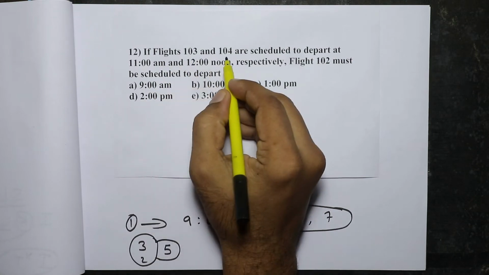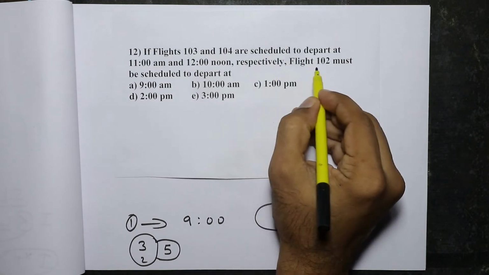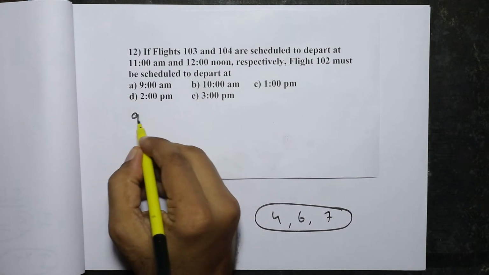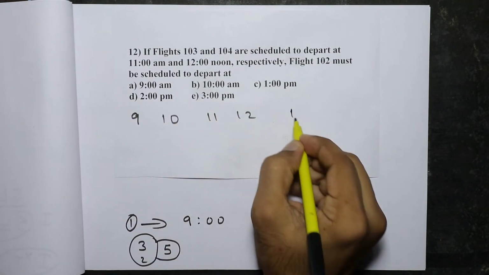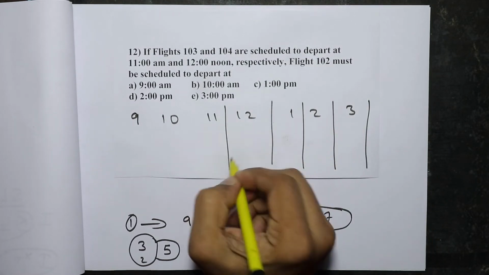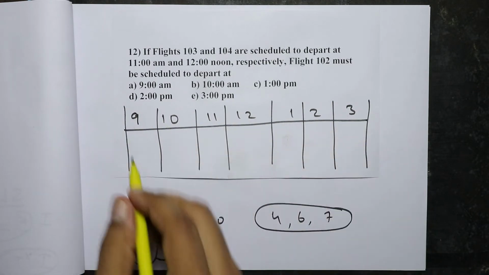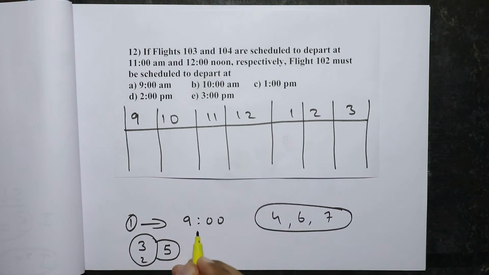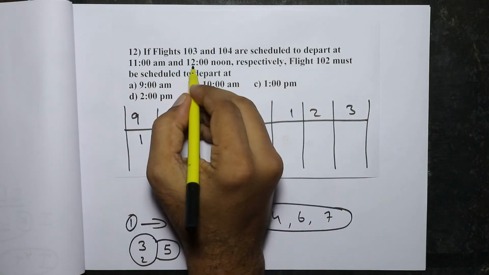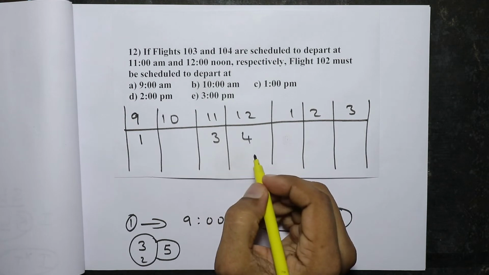Flights 103 and 104 are scheduled to depart at 11 and 12 respectively. Flight 102 must be scheduled to depart at what time? So I'll mark the times here: 9, 10, 11, 12, 1, 2 and 3. Flight 101 should be at 9. 3 and 4 are scheduled to depart at 11 and 12, so at 11 you have 3 and at 12 you have 4.